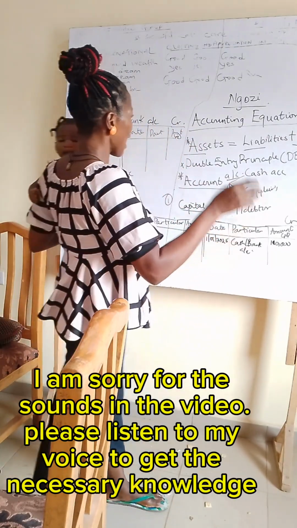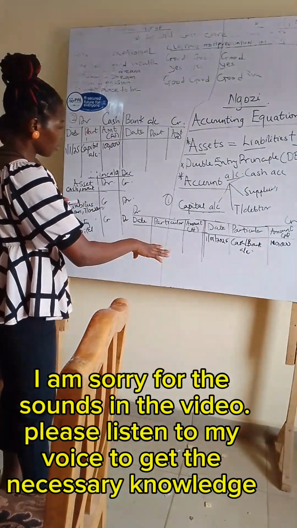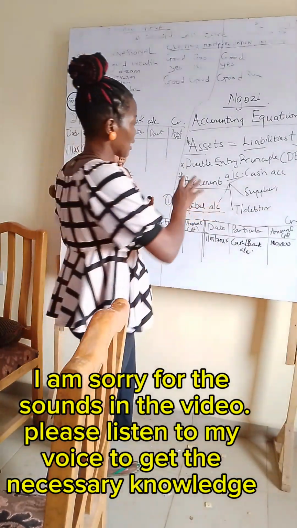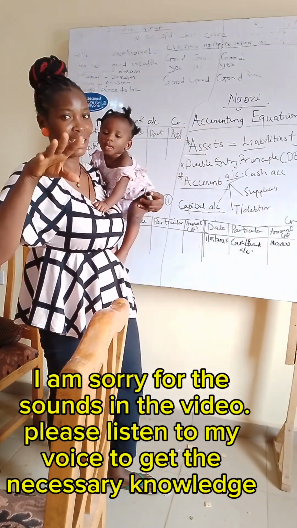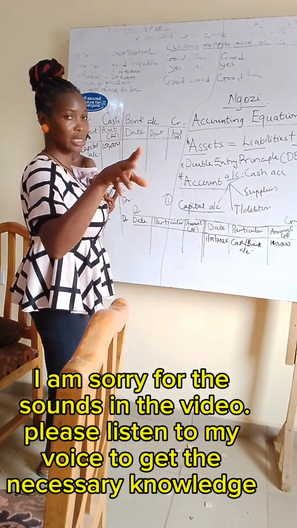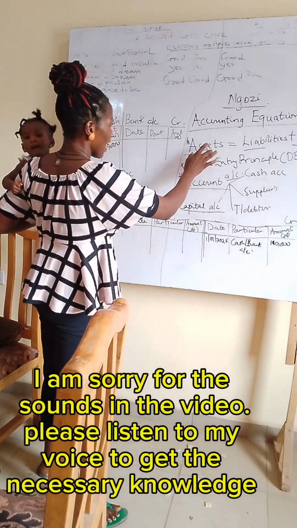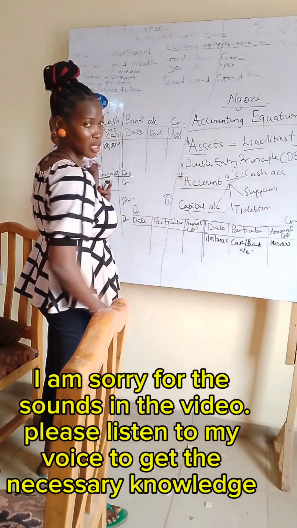So I would just want us to give more examples, then we can come back to our accounting equation. I want us to see this transaction, and link it to this accounting equation.